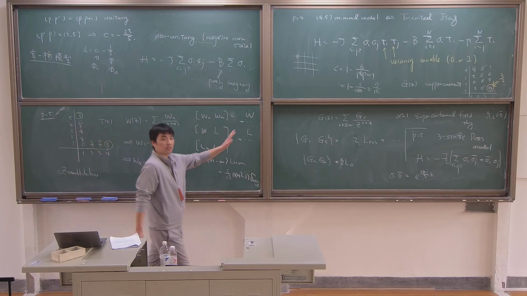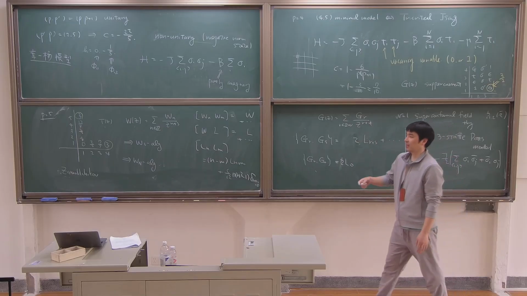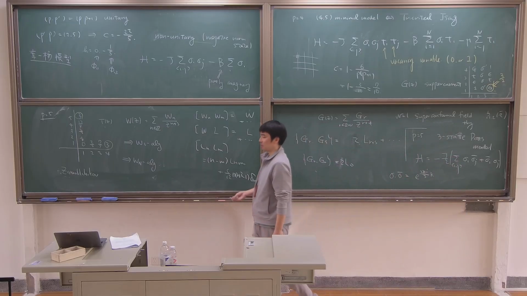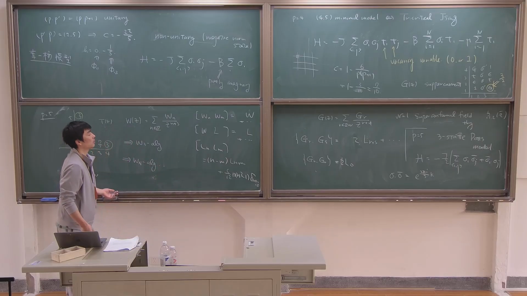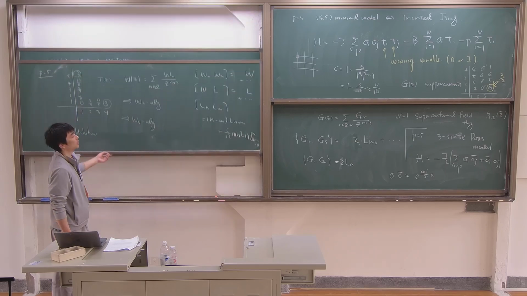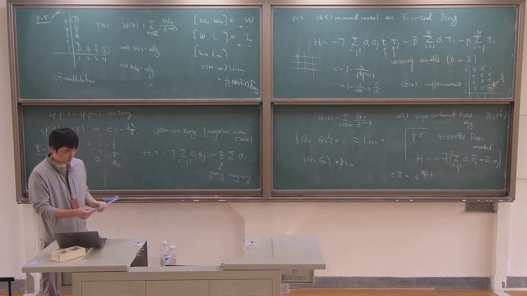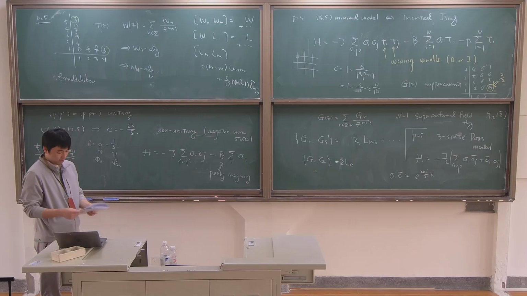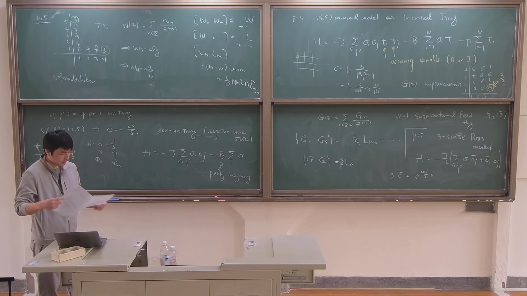You start with a representation of the Virasoro algebra, but somehow you end up with a much richer algebra in the minimal model. If you study even the unitary minimal model, that's the interesting thing you will encounter.